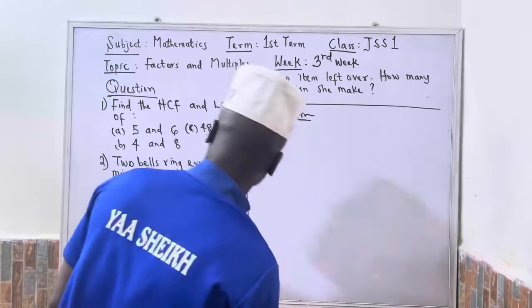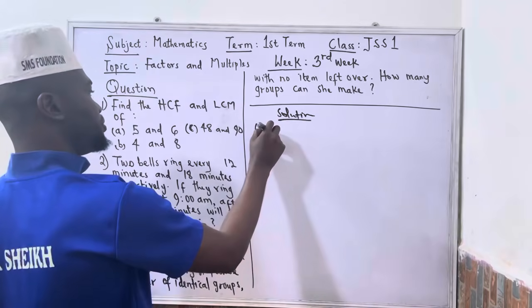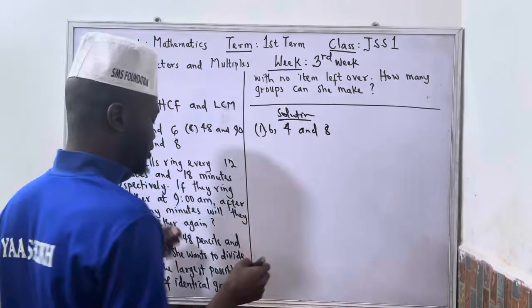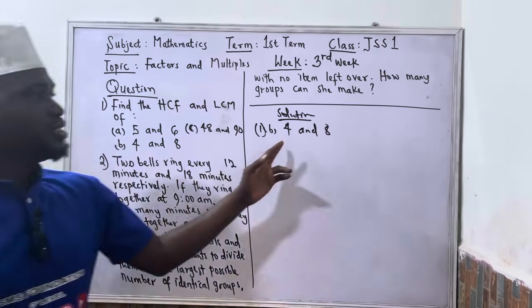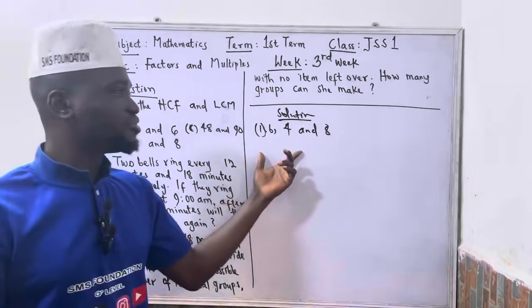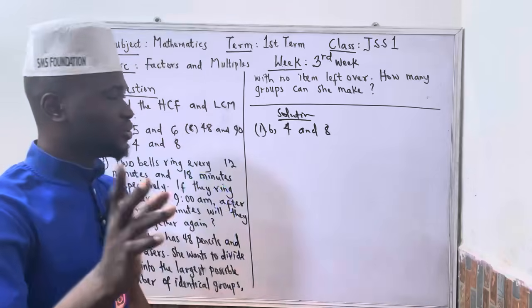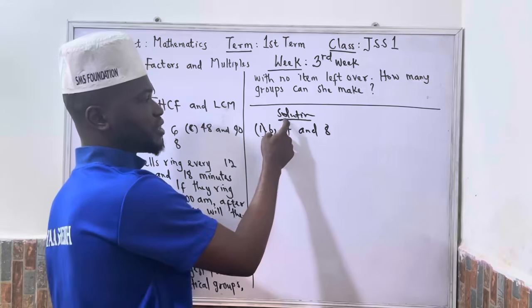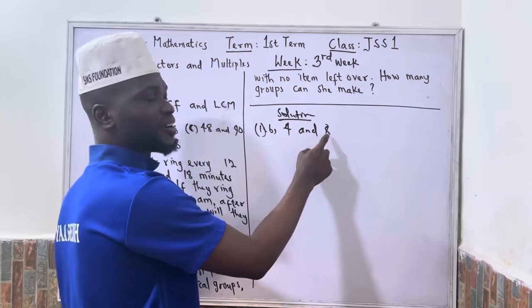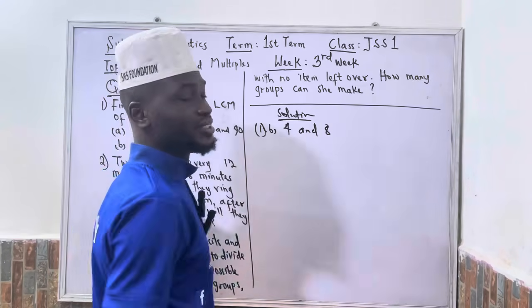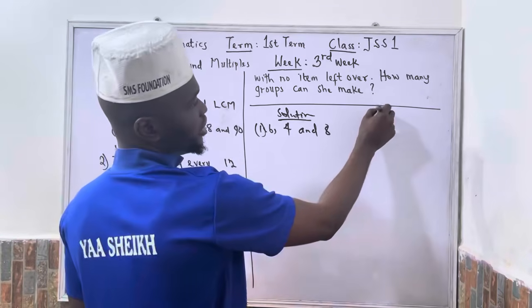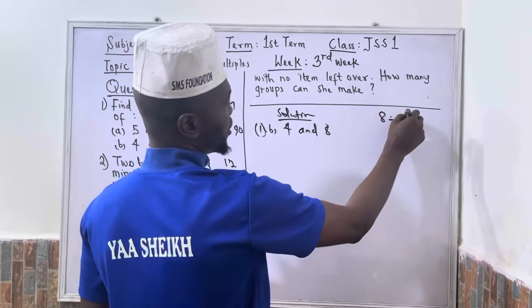Let's see 1B. Question 1B, 4 and 8. In this case too, you don't even need to solve, you don't need to calculate. Look at 4 and look at 8. You observe that 4 can perfectly divide 8, because 8 divided by 4 will give me 2.